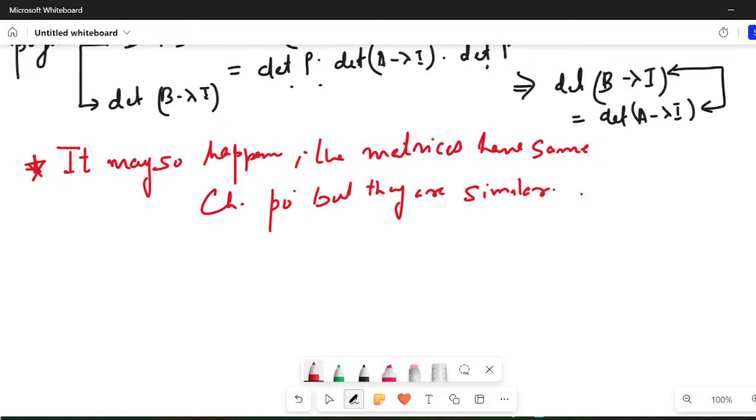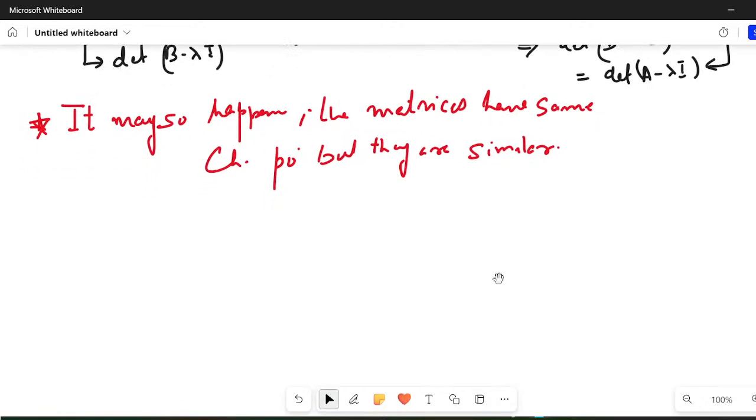It may so happen, let's say if you have two different matrices, they may have the same characteristic polynomial, right? But they are not similar. But if the matrices are similar, then they will always have the same characteristic polynomial. Is that clear? Are you getting my point? That is what I want to say, that the converse of the statement is not true.